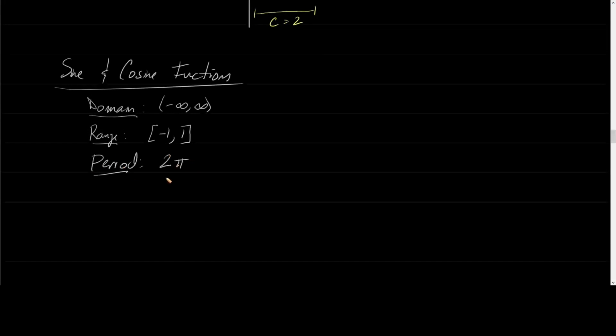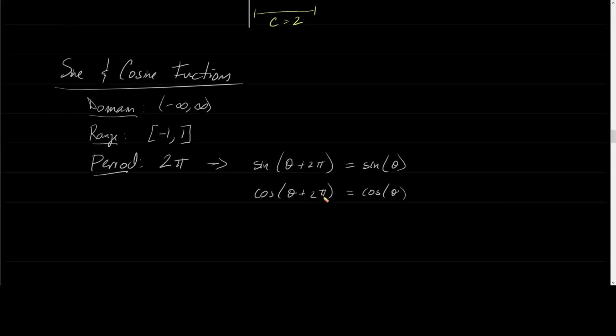All right. So essentially what this tells us is that sine of theta plus 2 pi is equal to just sine theta, and cosine of theta plus 2 pi is equal to just cosine of theta. All right. And again, that 2 pi is the smallest value that we need to add in order for these to start repeating themselves.